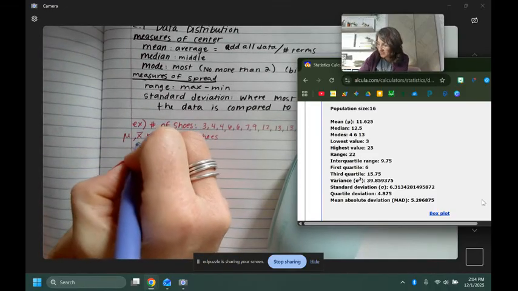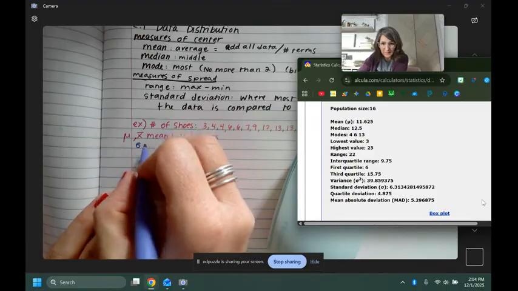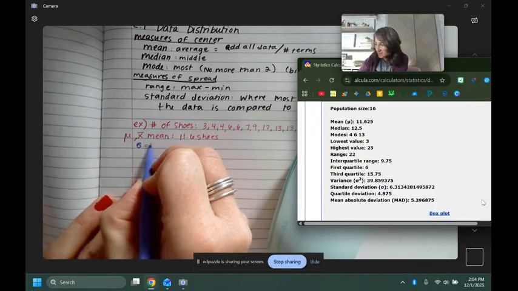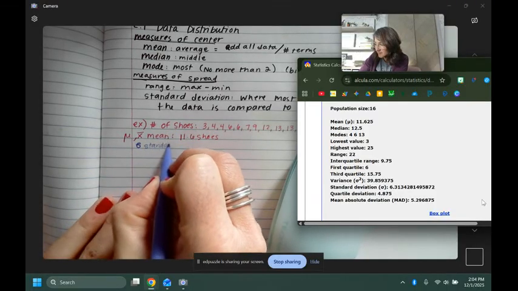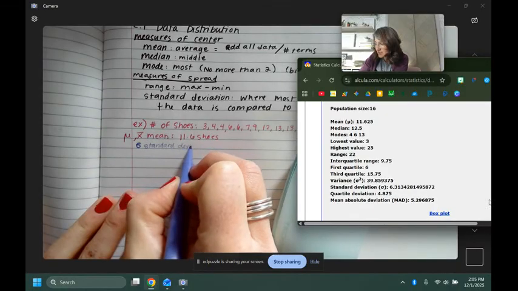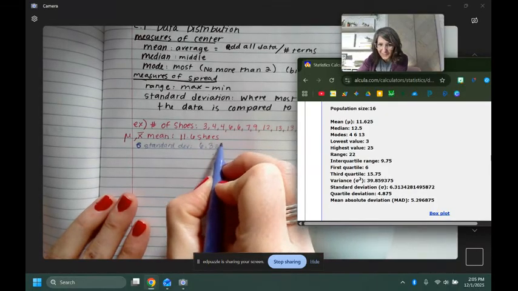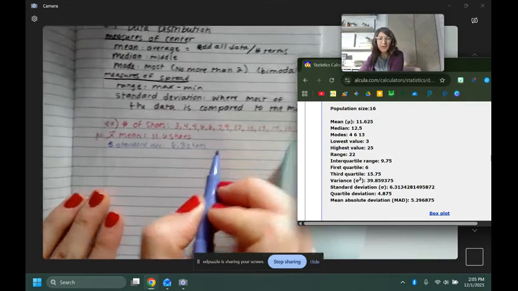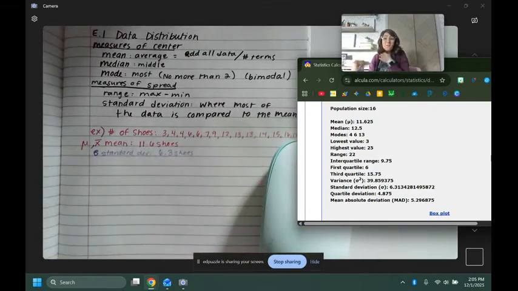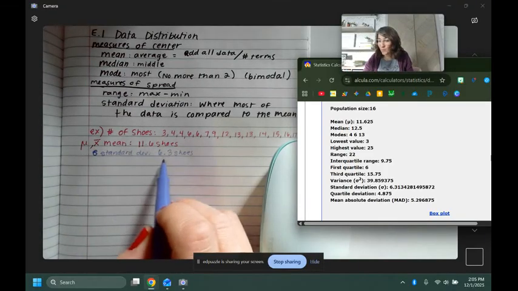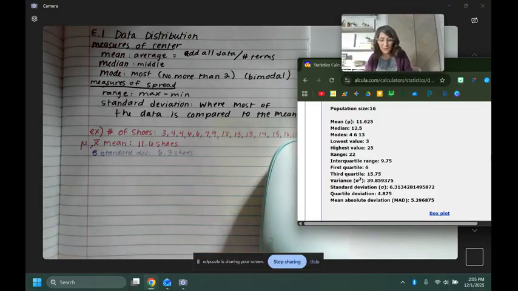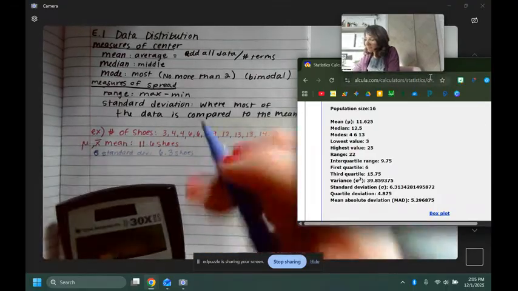This is a lowercase sigma. Sigma is the standard deviation. It is about 6.3 shoes. So this means that most of your data is going to be within 6.3 of 11.6. So let's see.